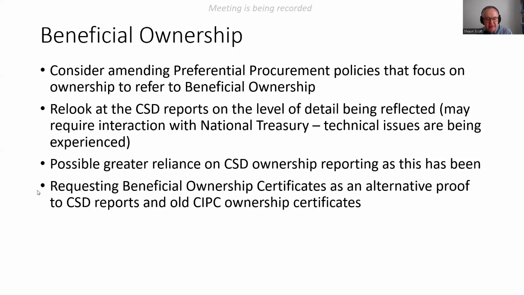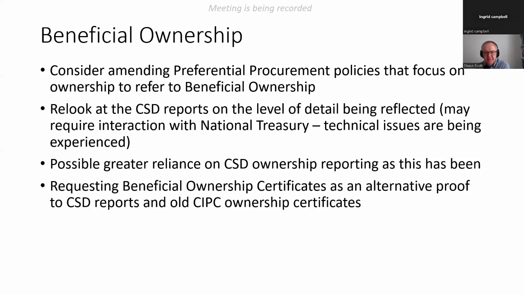And I think the other one is, because you need to get the proof, it may be a good point to start requesting those beneficial ownership certificates that are issued by CIPC as some level of proof on what the ownership could be, as opposed to relying on the old certificates that were issued previously.